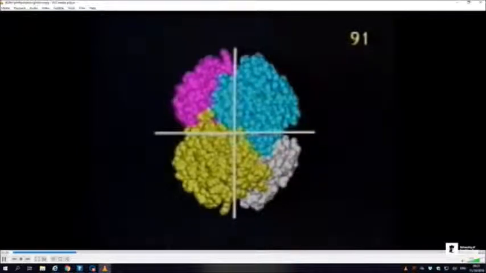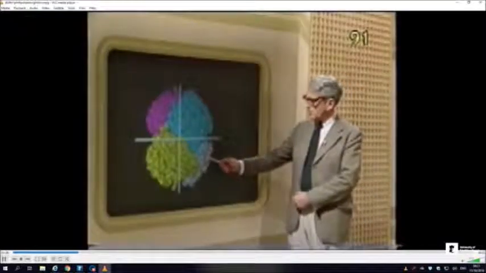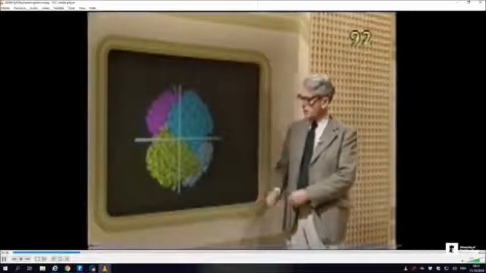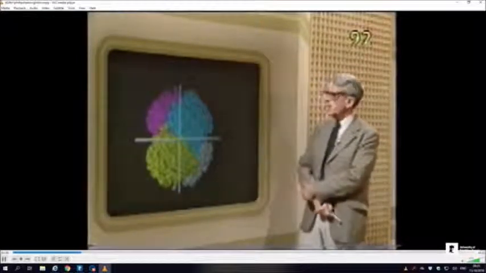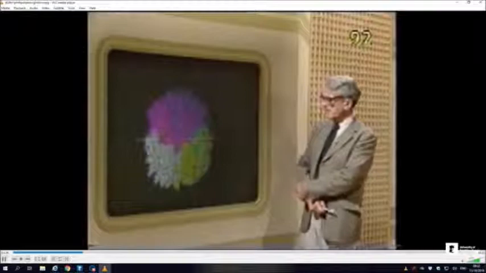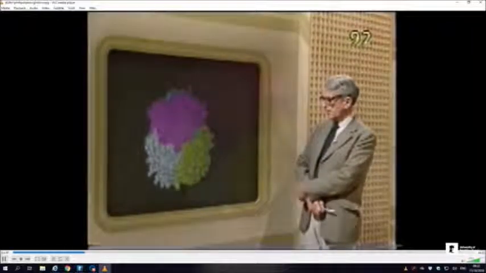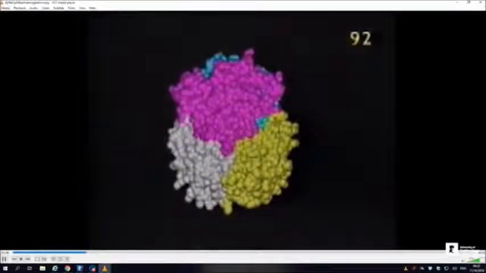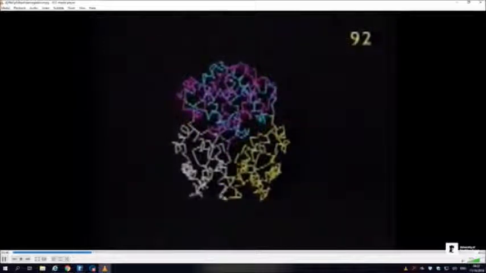Let's look now in a little more detail at the contact between the alpha and beta subunits making up this alpha-beta pair. We turn the molecule first, we can look edge on at the contact region between the alpha and beta subunits, and if we now take away the space-filling representation, we can see underneath the skeleton of the polypeptide chain, which shows that the chain in this molecule is folded very largely in alpha helical regions.